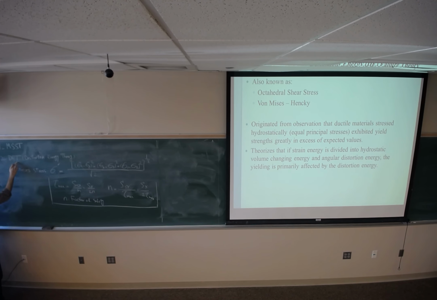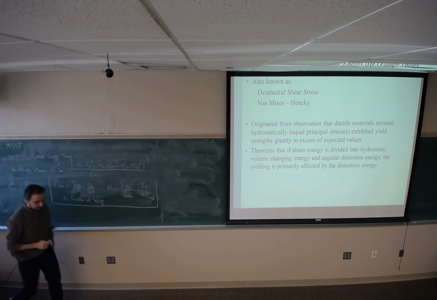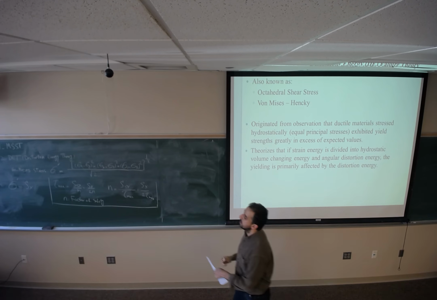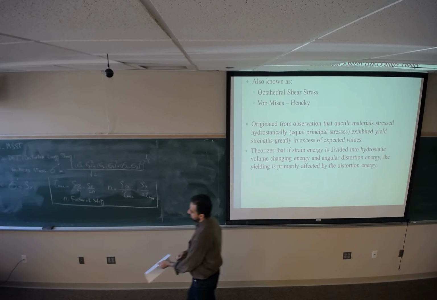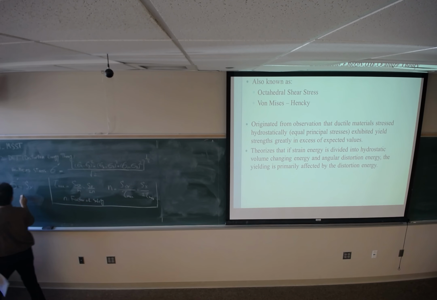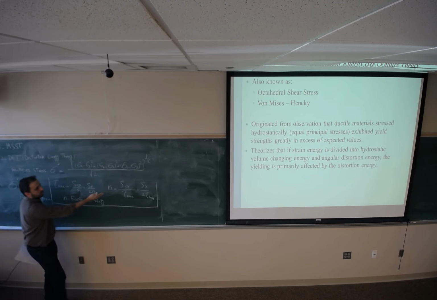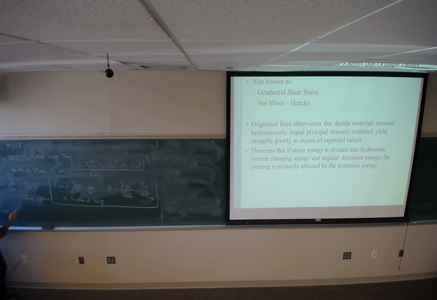Then this theory says the failure criterion is going to look like this. When sigma prime, or von Mises stress, is equal to the yield strength, we are going to have failure. If you want to define the factor of safety, it's going to be Sy divided by sigma prime, which is the von Mises.